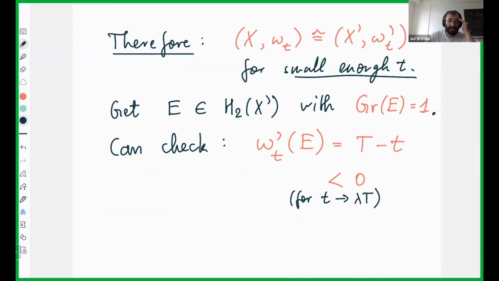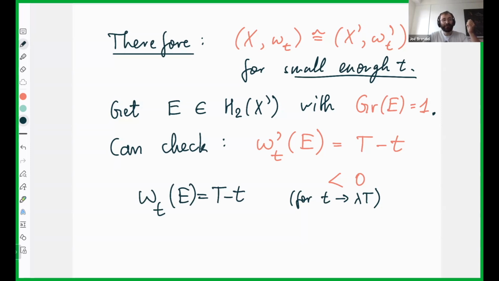And now the point is that we have enough homological information with respect to how we did this blowup to determine its area. And remember that for the first symplectic form, the area was capital T minus t. And in the new space, this is still true by some homological computation.